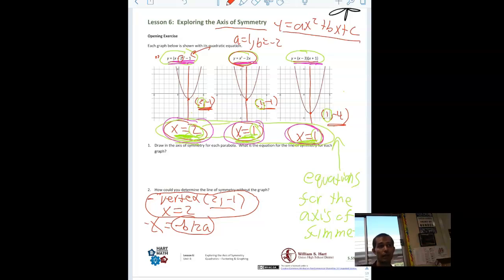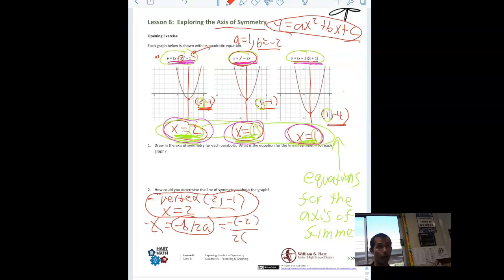And what is -b over 2a? -b over 2a is the expression that indicates the x coordinate of the vertex if your quadratic is expressed in standard form. Okay. So since I know that b is -2, I'm going to do the negative of -2 divided by 2a.